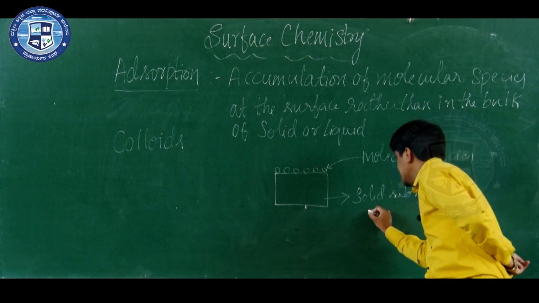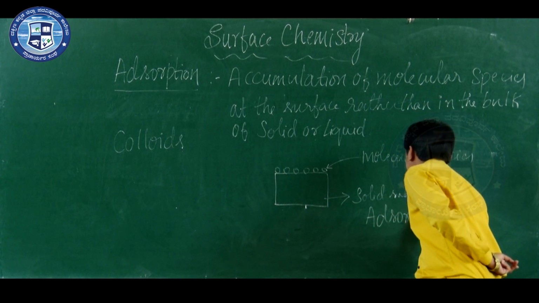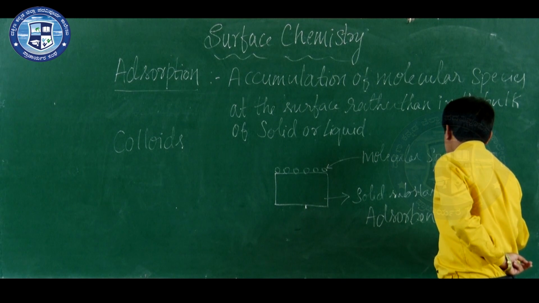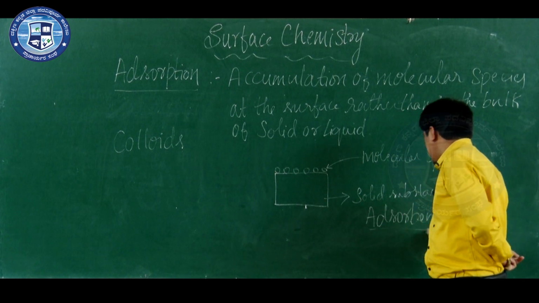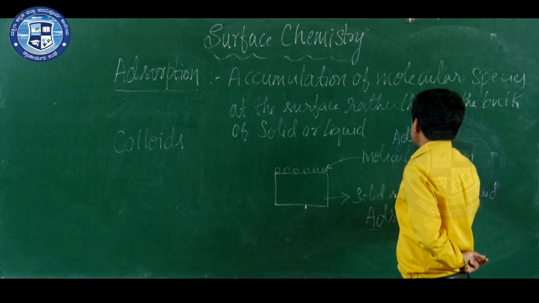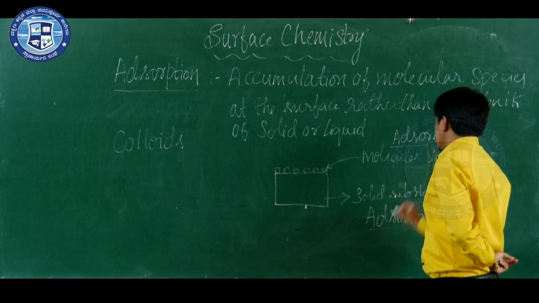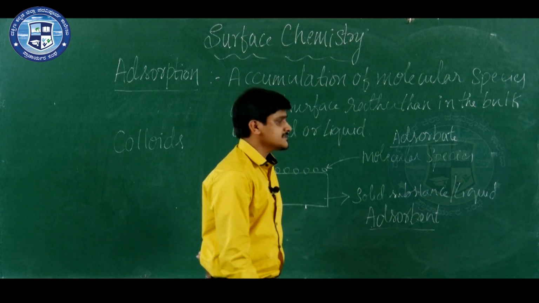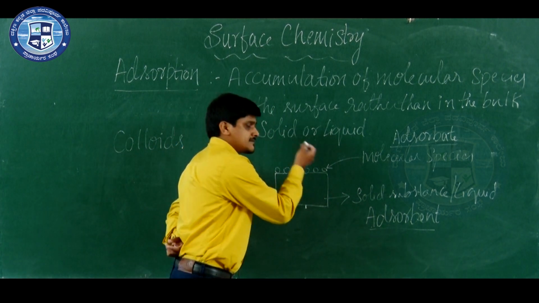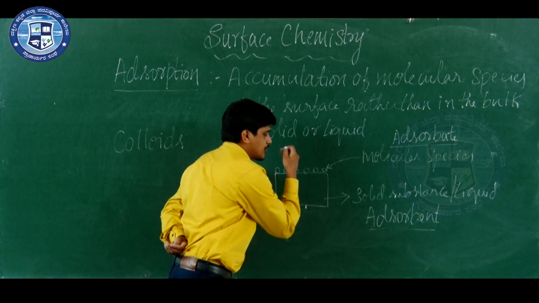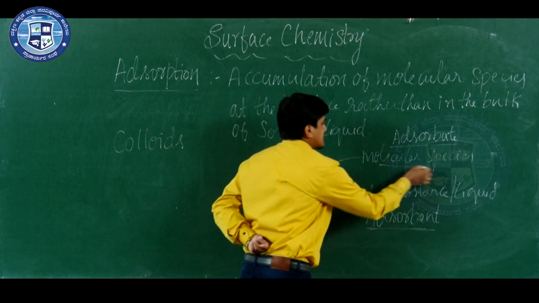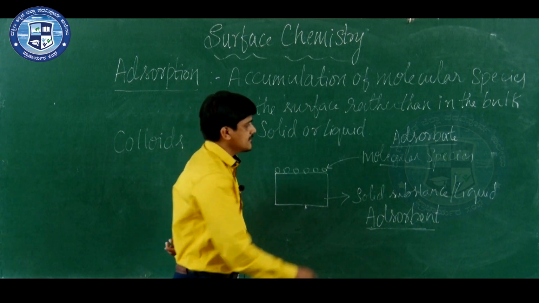This solid substance, or maybe liquid, is called adsorbent and the molecular species is adsorbate. The surface on which the molecules are going to adsorb is called adsorbent, and the molecules which are going to adsorb on the surface are called adsorbate.